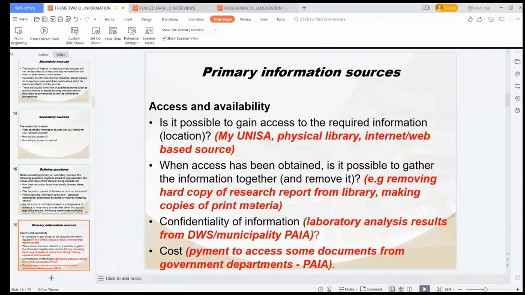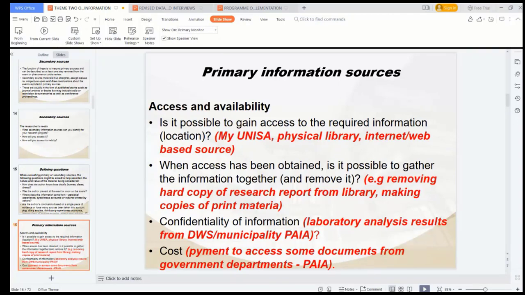When access has been obtained, is it possible to gather the information together? You find that sometimes in other libraries, you cannot remove material, even if it is hard copy. You can only read it there and leave it there. Otherwise, if you want to take your copy outside, you have to make photocopies so that you can go out with it.